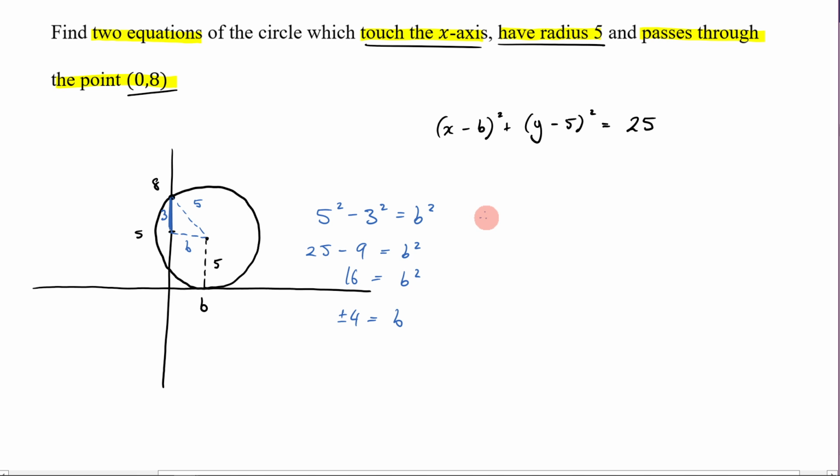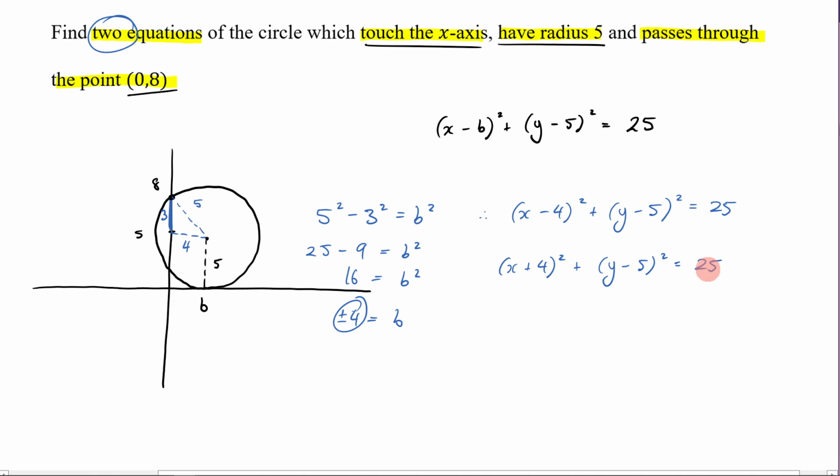Therefore, what is my answer going to be? I know that this b here is 4. So it's going to be (x minus 4) squared plus (y minus 5) squared is equal to 25. But this is where you have to be careful. Do you notice how it says find two equations and how we got a plus or minus here? That means we also need to consider when it's (x plus 4) squared plus (y minus 5) squared equals 25.